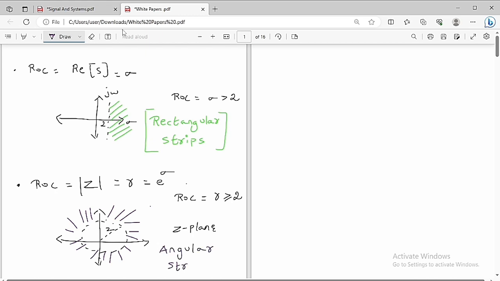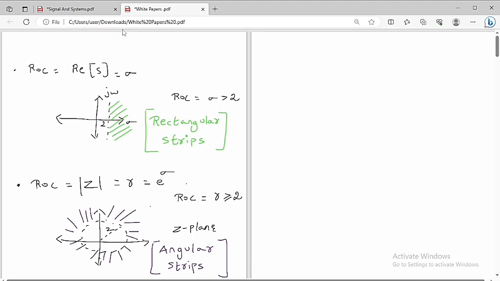This is the reason I am telling you that in the case of the Laplace transform, the ROC is in the form of rectangular strips, whereas in the case of the Z transform, the ROC is in the form of angular strips.